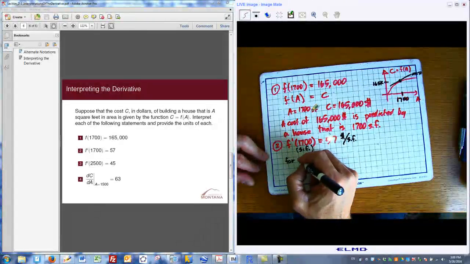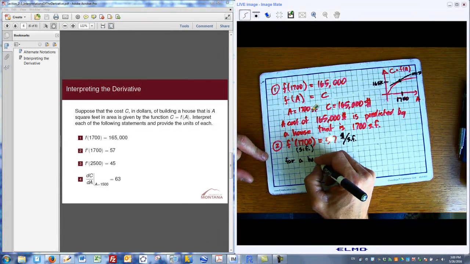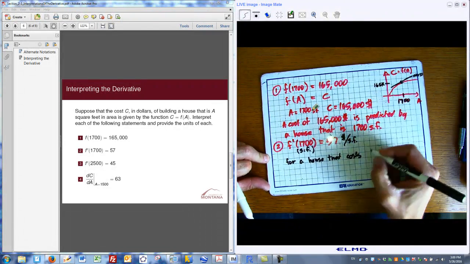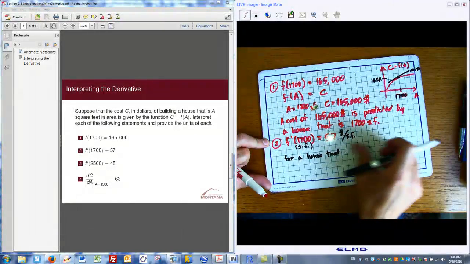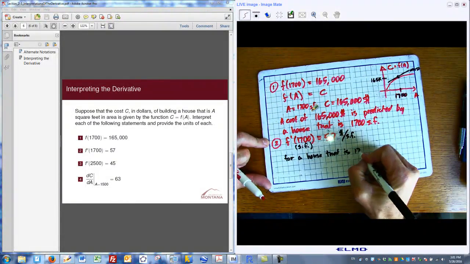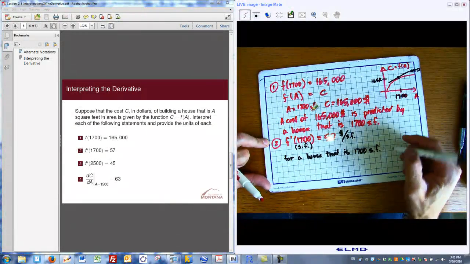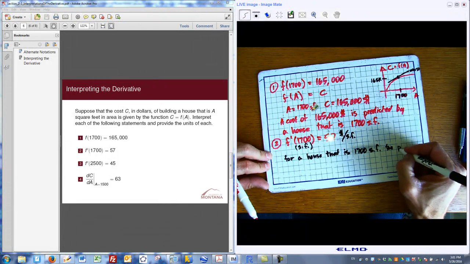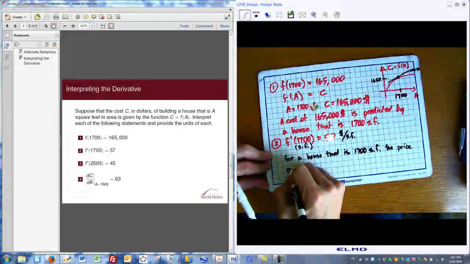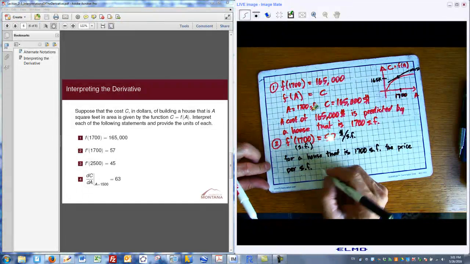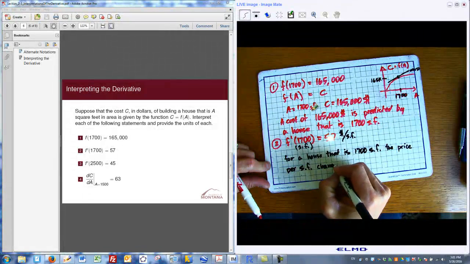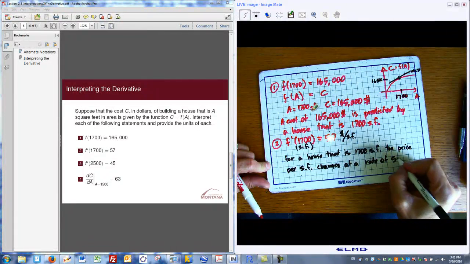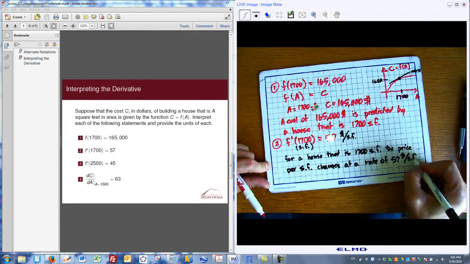For a house that is 1,700 square feet, the price per square foot changes at a rate of $57 per square foot.